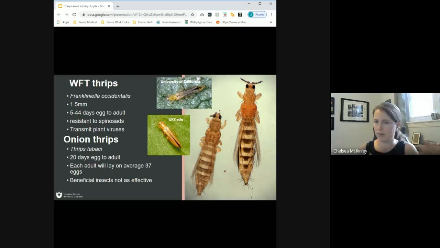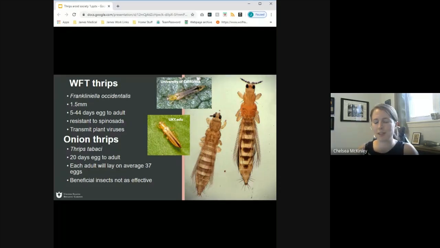They just start laying eggs or giving birth to live young, like with aphids. So it really shortens their lifespan to some degree and allows for more generations to happen, which makes them a plant pest.